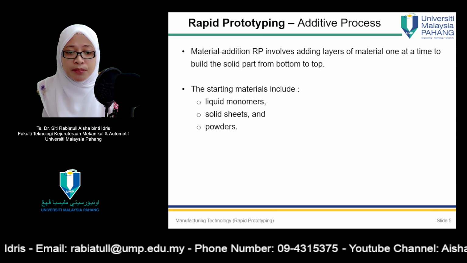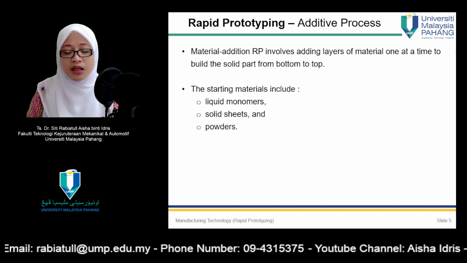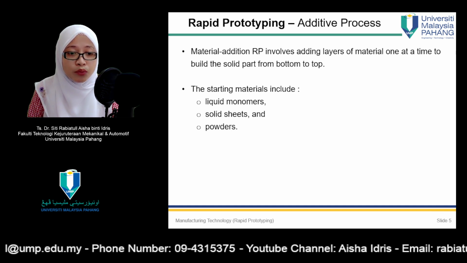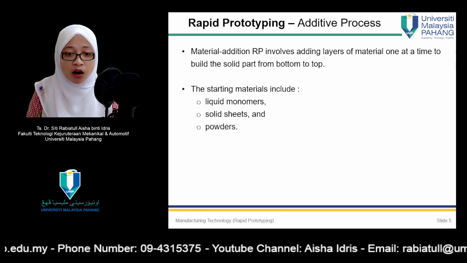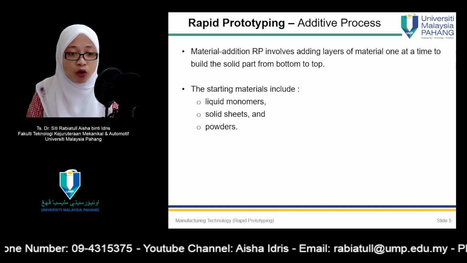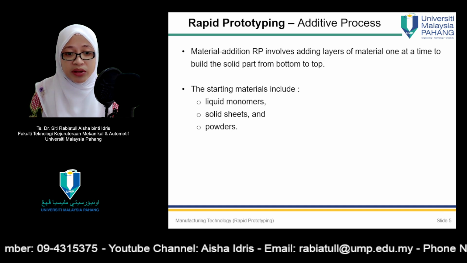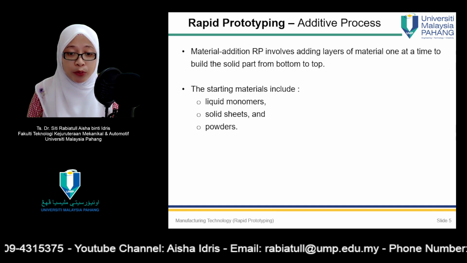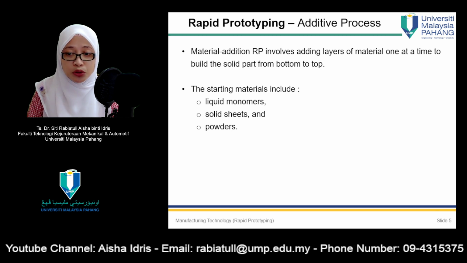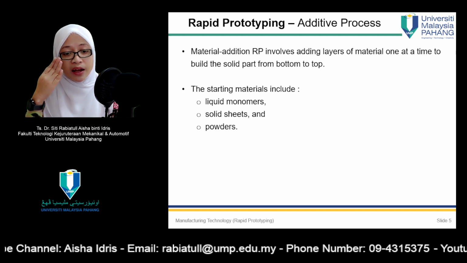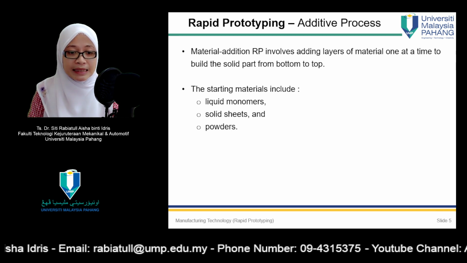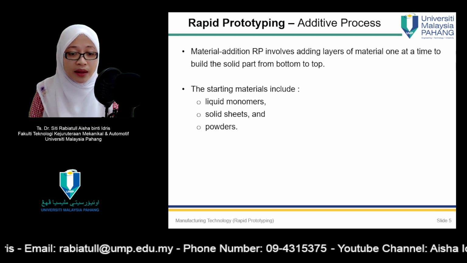The principal emphasis in this topic is on material addition RP technologies, all of which work by adding layers of material one at a time to build a solid part from bottom to top. Starting materials include, number one, liquid monomers that are cured by layering into solid polymers, number two, powders that are aggregated and bonded layer by layer, and number three, solid sheets that are laminated to create the solid part.